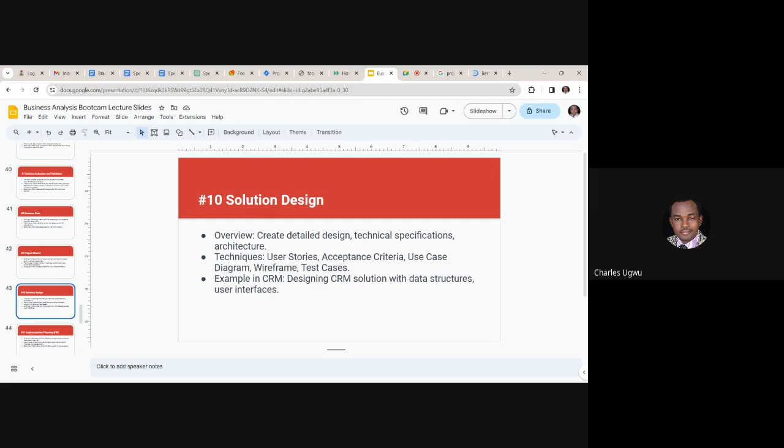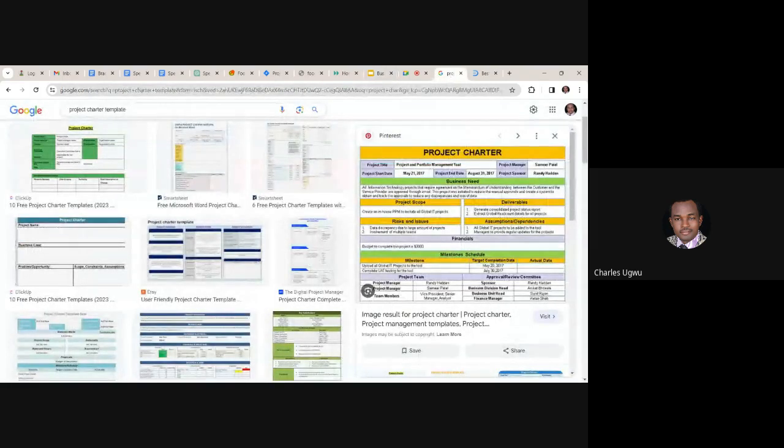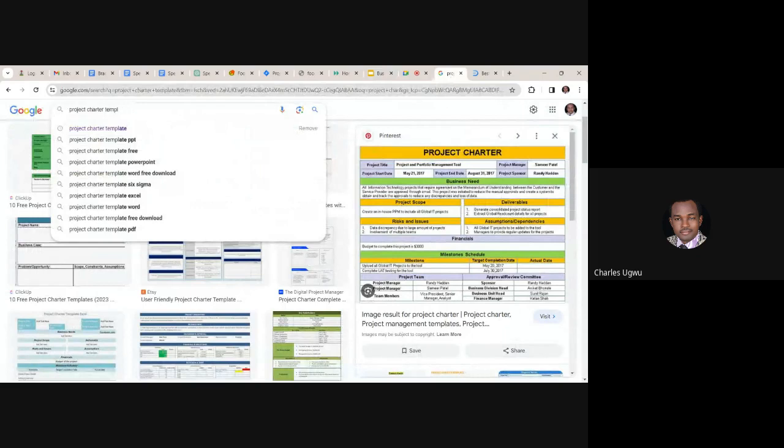And for you to design this, you need to create a user story that will help the developers to design or configure this. So let's look at a user story example, how it looks. I will just do it quickly.